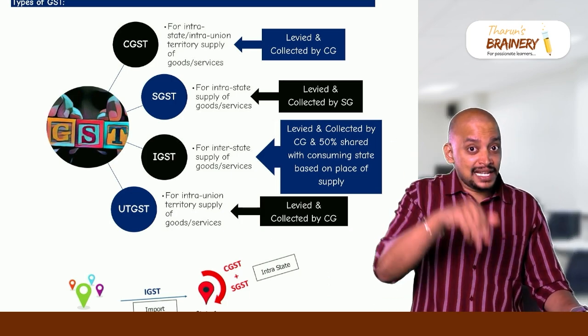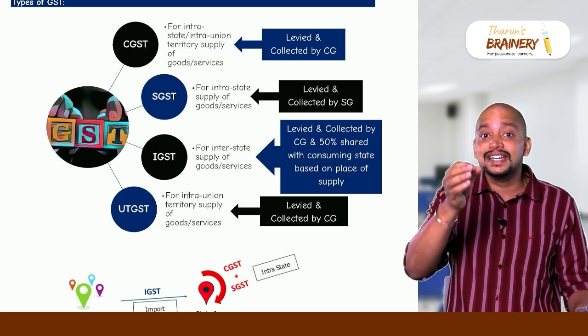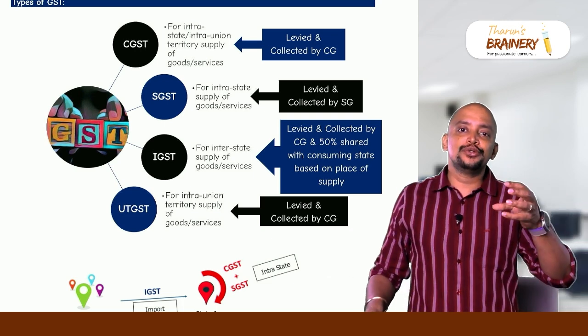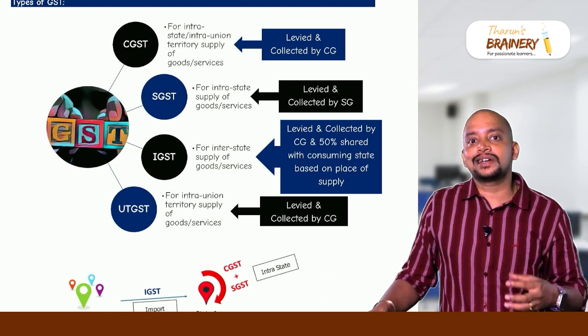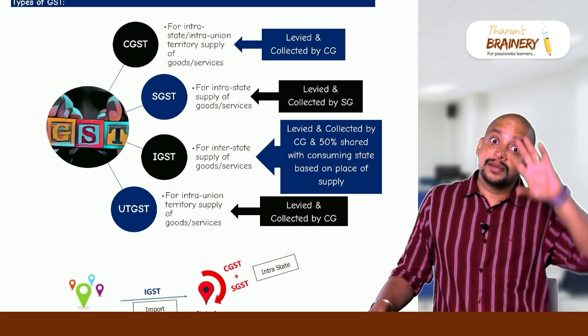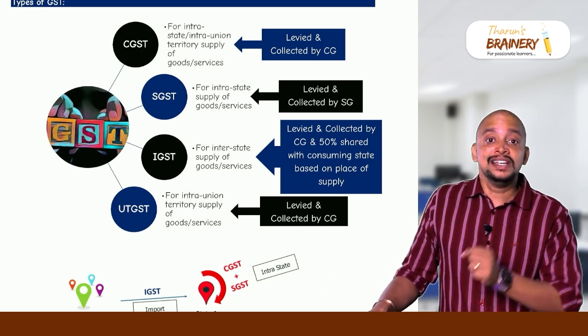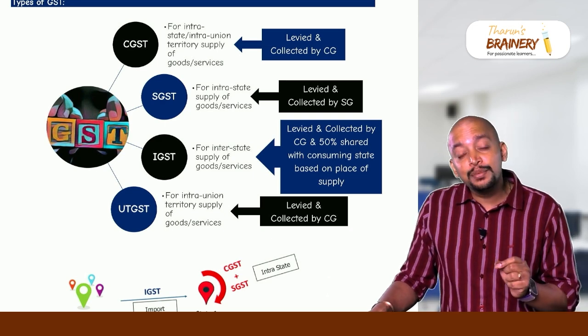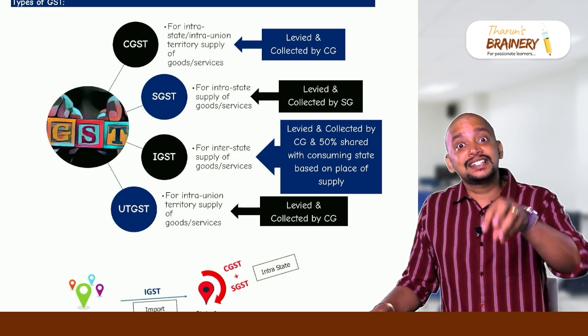But in the past, there used to be central sales tax in this situation. When the goods were manufactured in Tamil Nadu and sold in Andhra Pradesh or Telangana or Karnataka, in the past it was central sales tax. Central sales tax was levied by whom? Central government, collected and retained by the state.